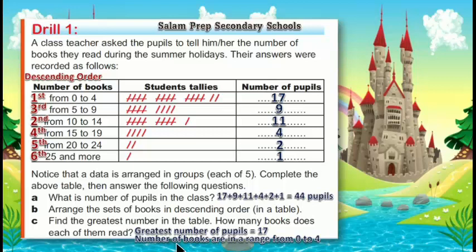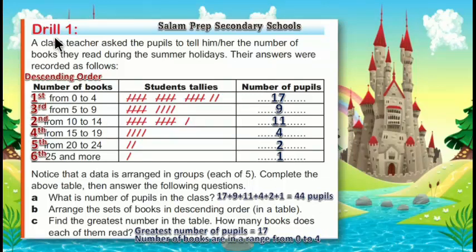How many books does each of them read? Number of books are in a range from. Please look at 17 exists in a range from 0 to 4. So, number of books are in a range from 0 to 4.